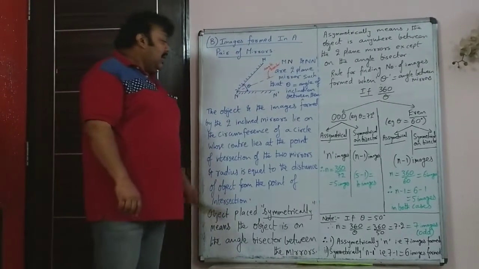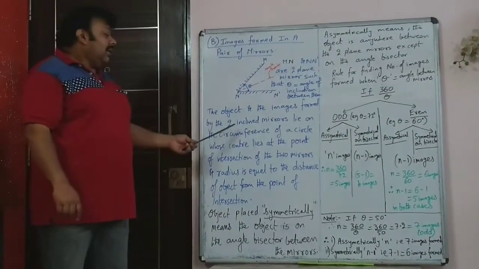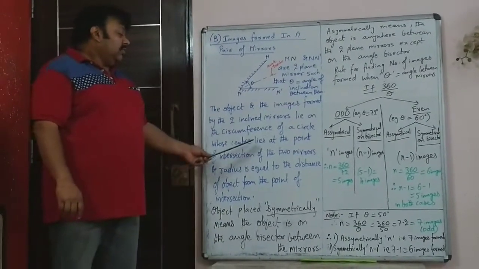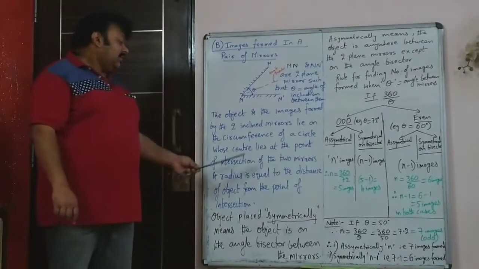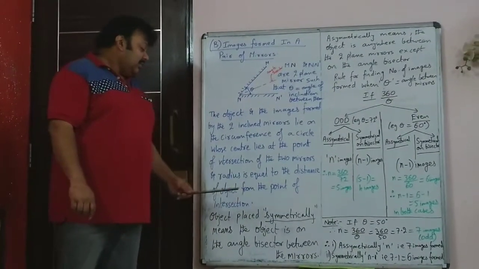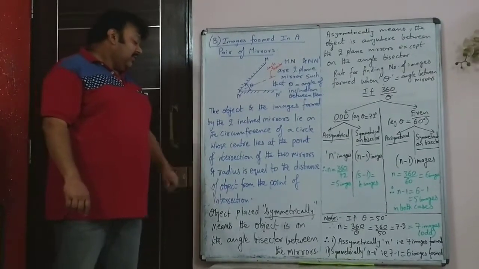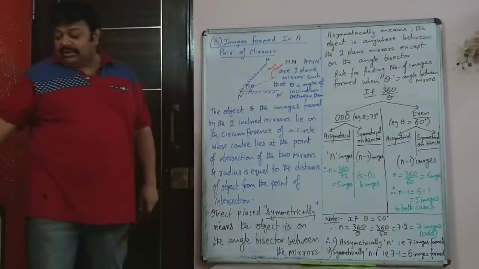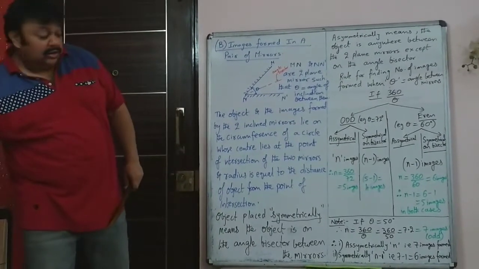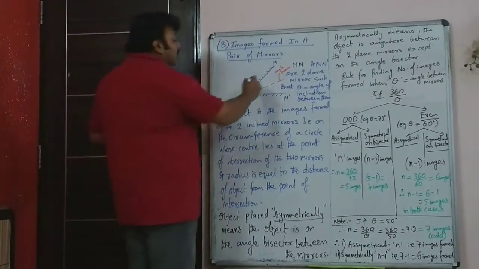Then the object and the images formed by the two inclined mirrors lie on the circumference of a circle whose center lies at the point of intersection of the two mirrors, and the radius is equal to the distance of the object from the point of intersection. What does this mean? Let's say you have an object placed here.